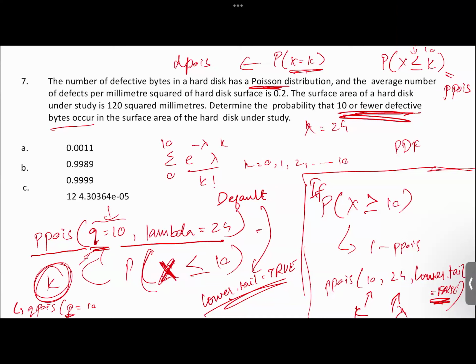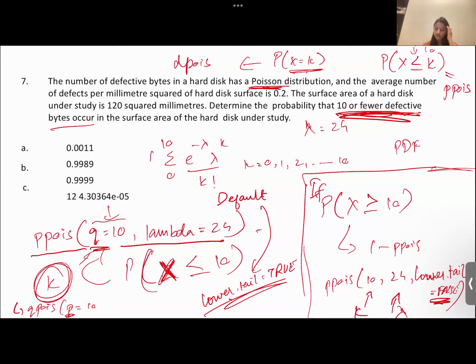What is the difference between P pois and Q pois? P pois is when you want to calculate the CDF, cumulative distribution function. Cumulative is because you have a summation here. When you want to calculate less than or equal to 10, it has to be 0 plus 1 plus 2 plus until 10, right? So you have a cumulative probability.